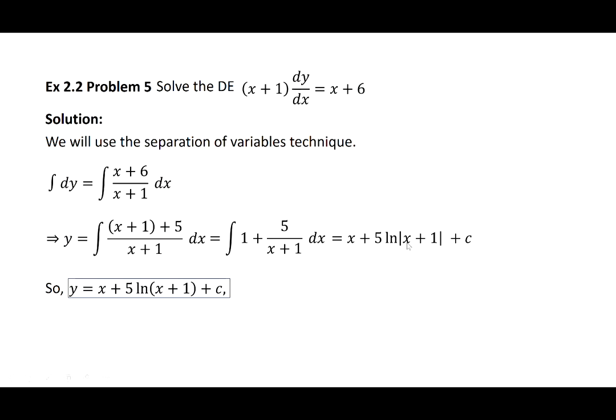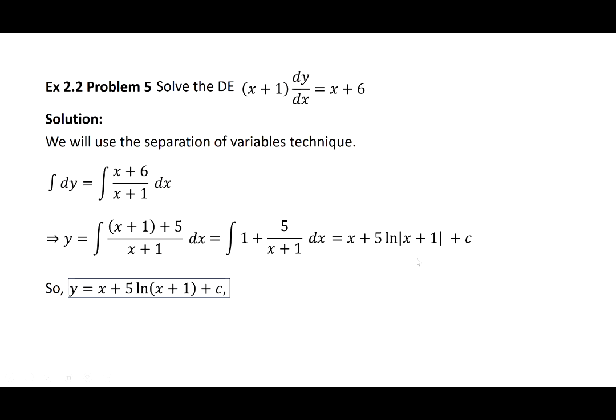Could we? I thought natural log was not defined for negative numbers. Yes, you're right. Could we have negative 10 for x? Yeah, what would happen? Negative 10 plus 1 is negative 9. Absolute value of that is positive 9. Natural log of positive 9, of course, is a perfectly defined number. Right?